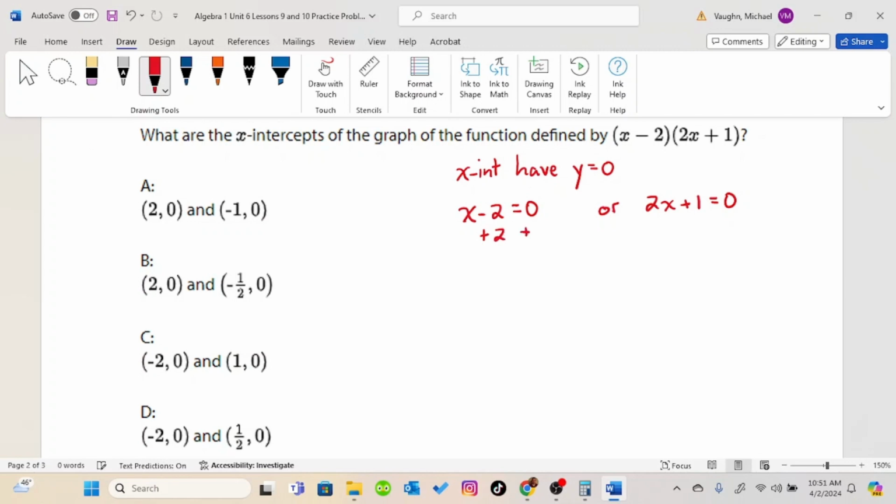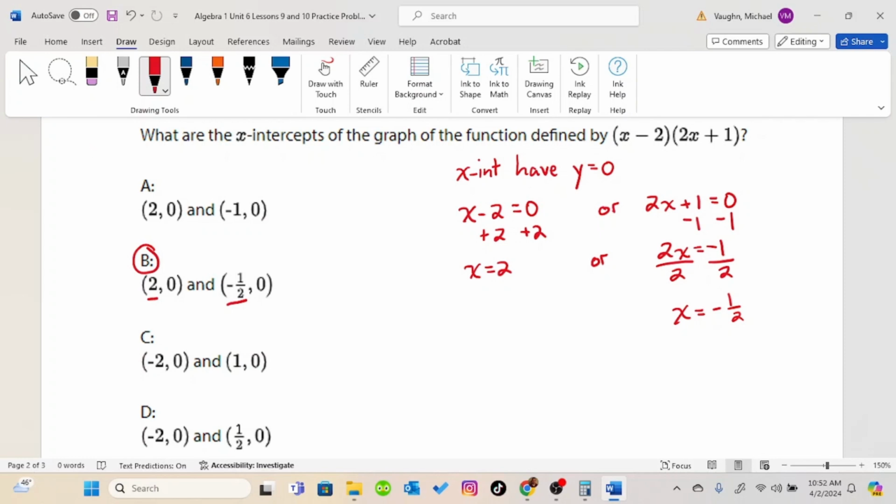Here I would add 2 to both sides, and x equals 2, or I subtract 1 from both sides, 2x equals −1, then I divide both sides by 2, and x equals −1/2. So now I look at my points, and B gives me 2 and −1/2.